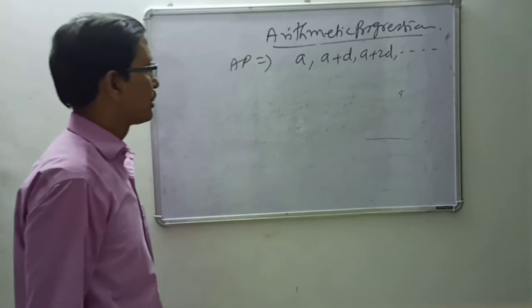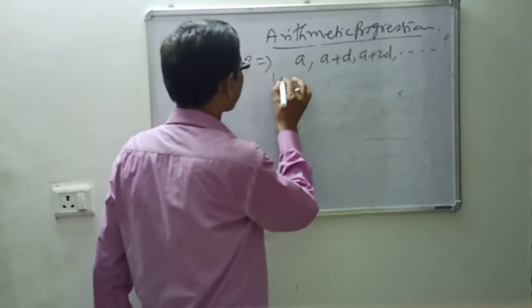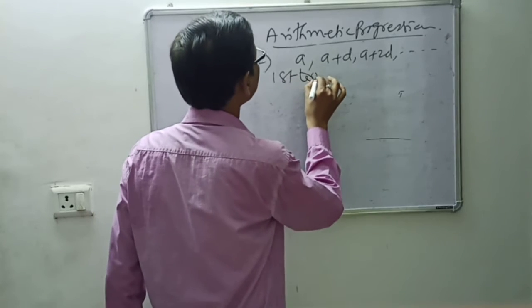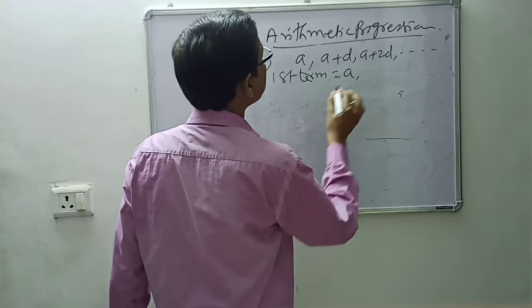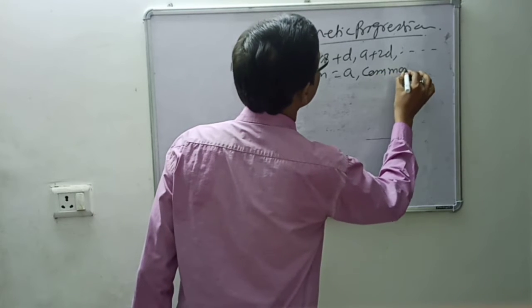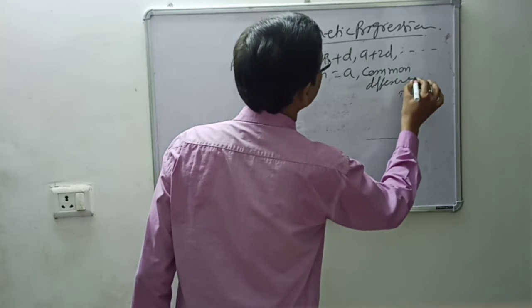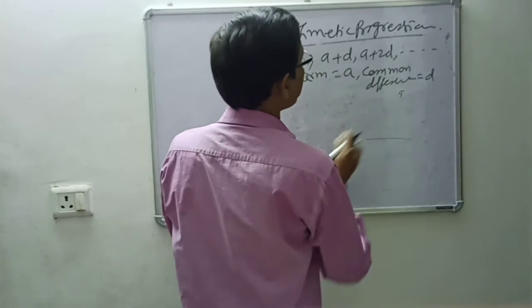So look, A is called the first term, and you have the common difference, that is equal to D.